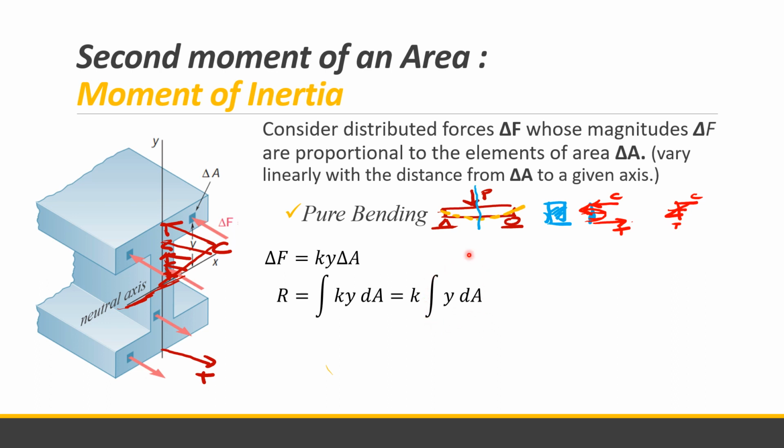This last integral, if you are familiar, is the first moment of an area, which is Qx, and with respect to the x-axis is equal to the integral of y bar dA. Since the x-axis is located at the neutral axis, y there is equal to 0. Meaning, the first moment is equal to 0 here.